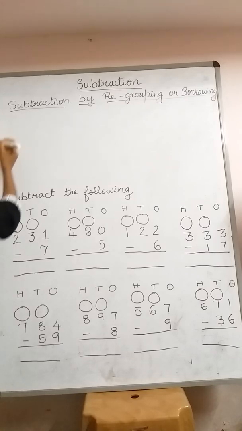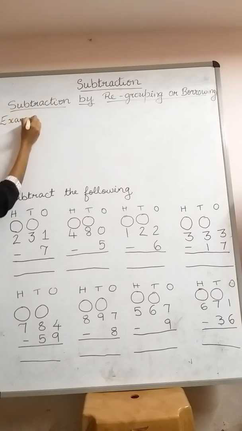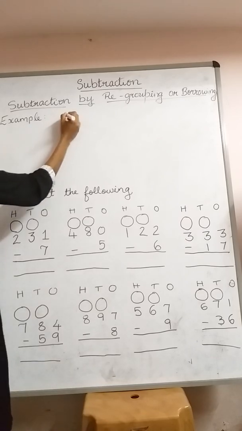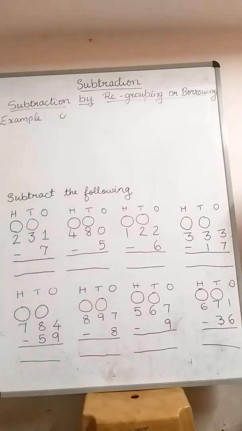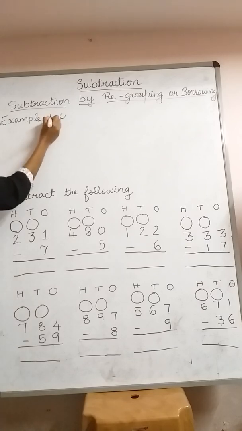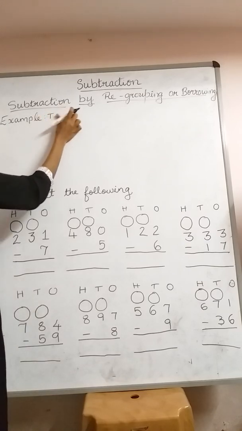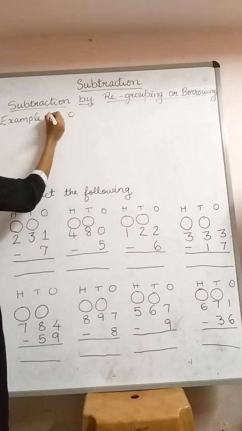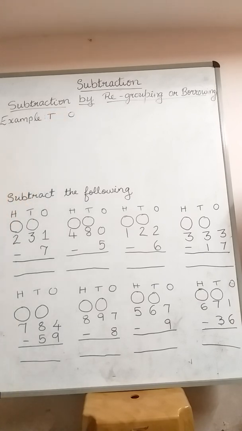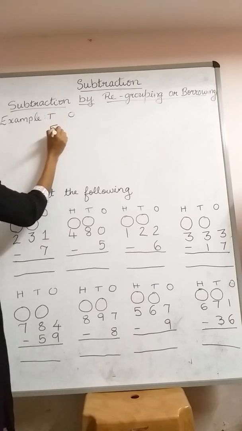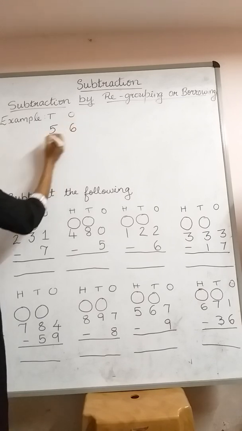So for example, I'm going to take a 2-digit number here, having ones and the tens place. And the number is 56.